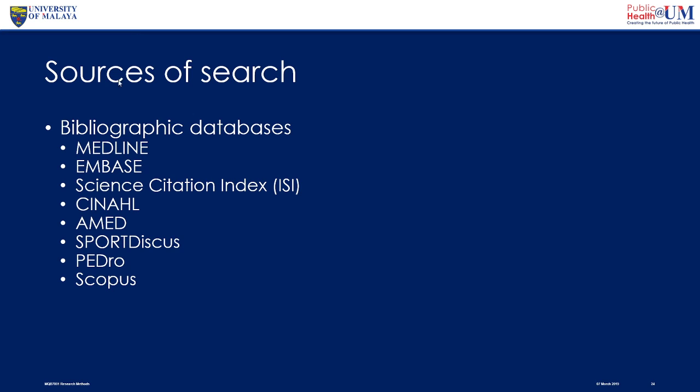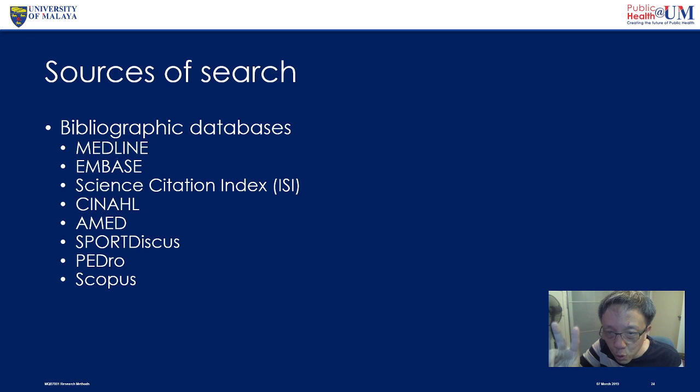Sources of search: bibliographic databases, you have Medline, Embase, citation indexes, CINAHL, PubMed, SPORTDiscus, PEDro, and Scopus. As I mentioned earlier, you must search at least 2 databases. I recommend you search Medline using PubMed, and also Scopus.